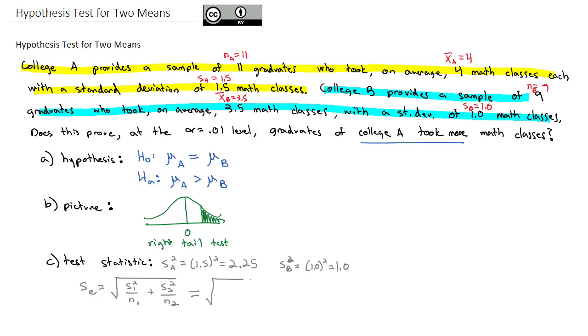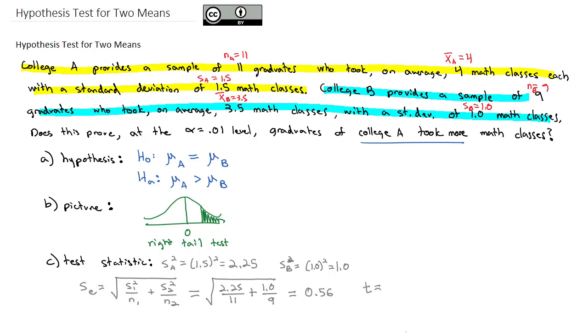So when we put those values into our square root, the first standard deviation squared is 2.25 over the first sample size, there were 11 graduates, plus the second standard deviation squared is 1.0, divided by, there were 9 graduates in that group. And if I do this on my calculator, I get 0.56 for my standard error.